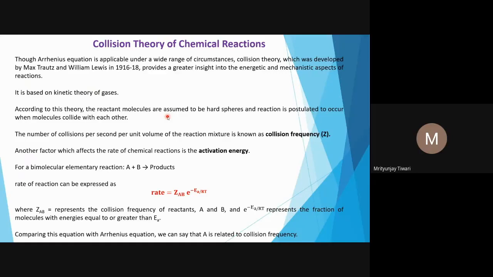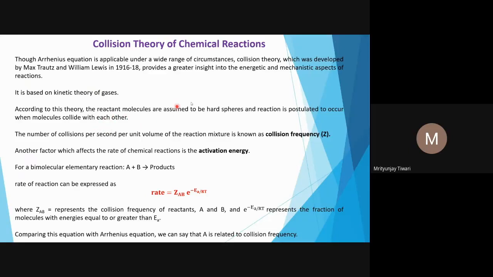This is also a drawback of the collision theory, because reacting molecules are not hard spheres. They may have bonds, and these bonds oscillate at all temperatures. But if we assume this, we get certain information.